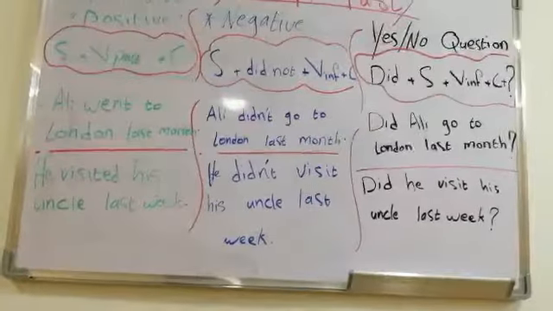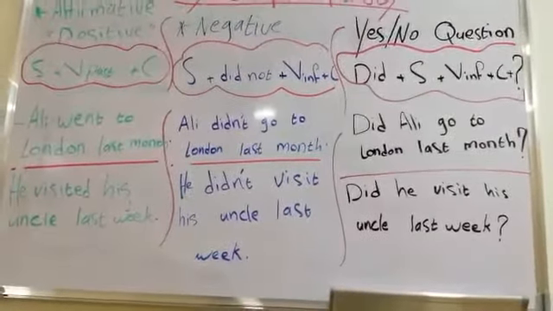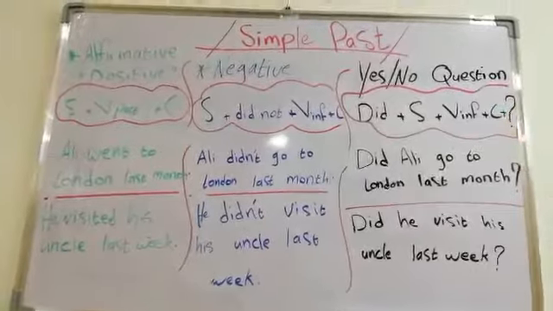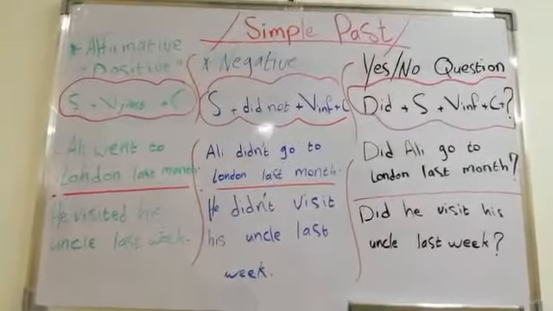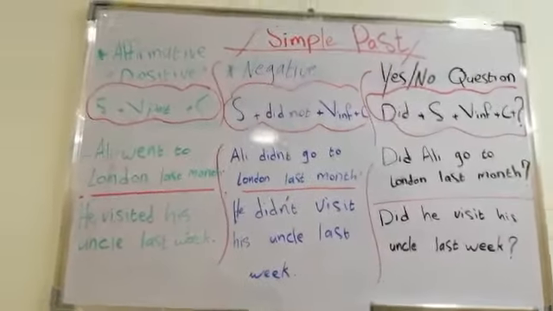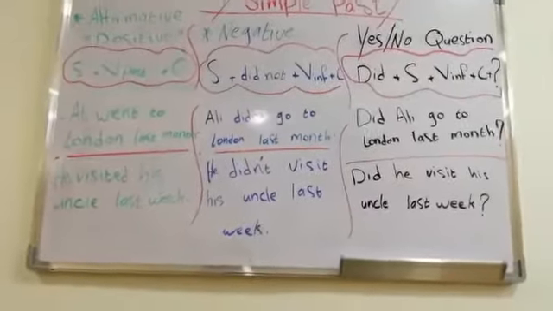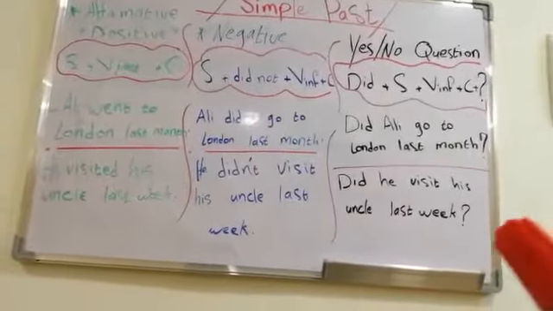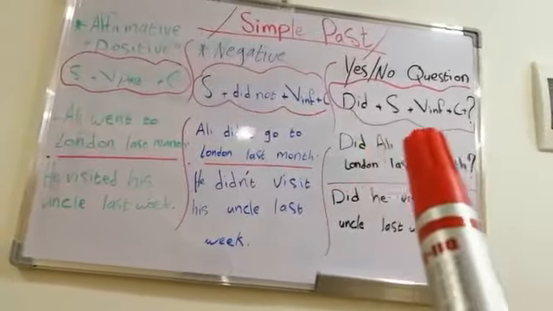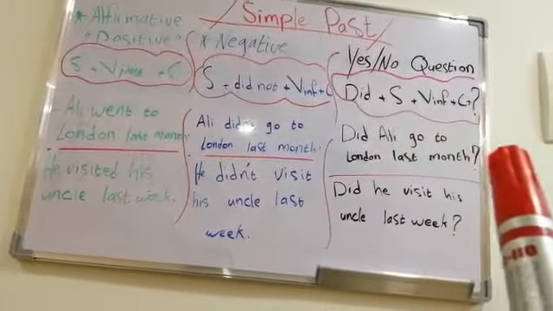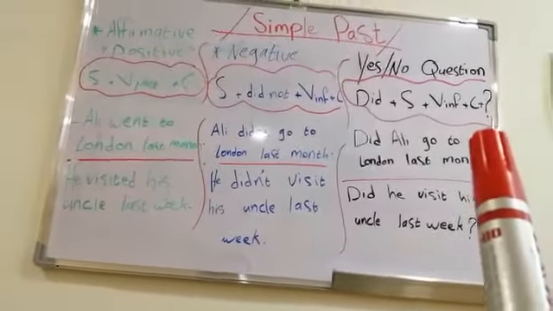Next, yes or no question. How to use yes or no question in the past tense? We use did, subject, infinitive form, complement, and question mark.